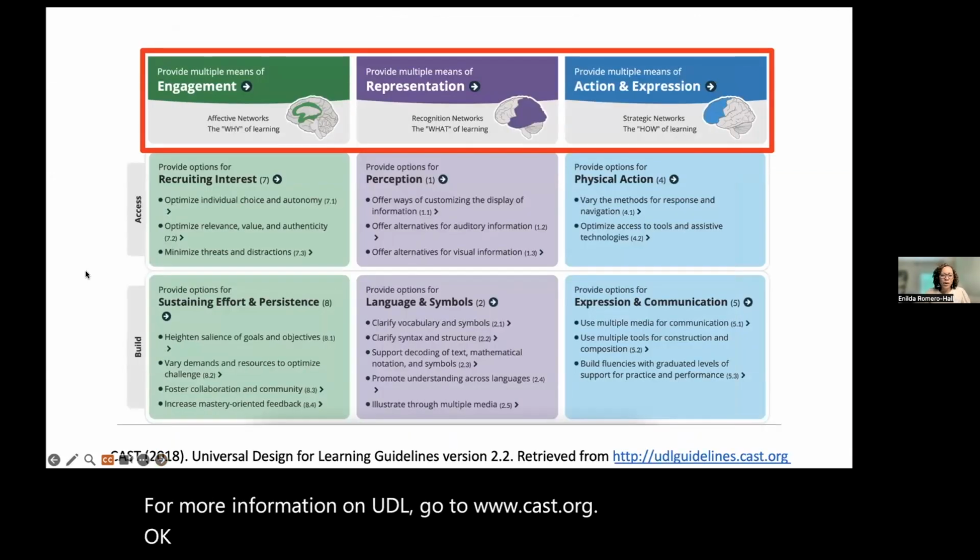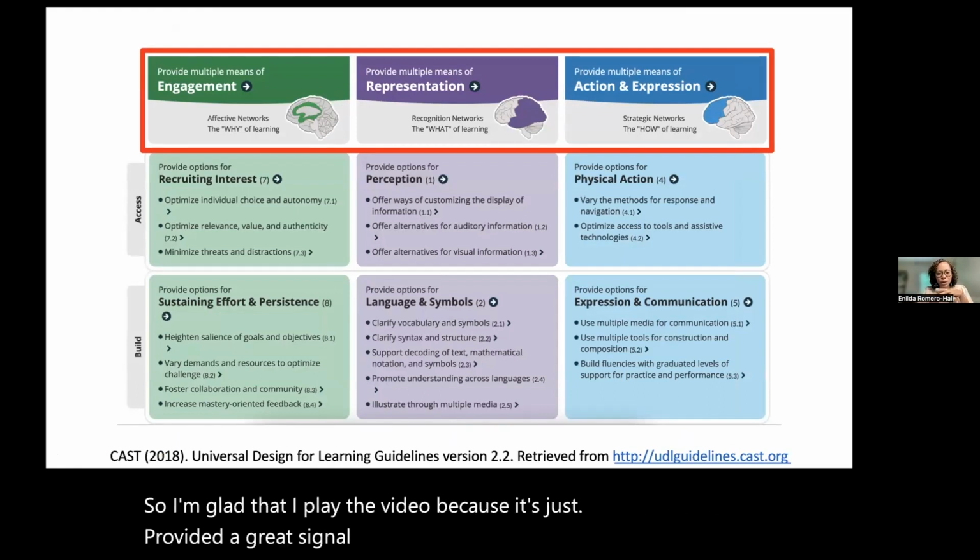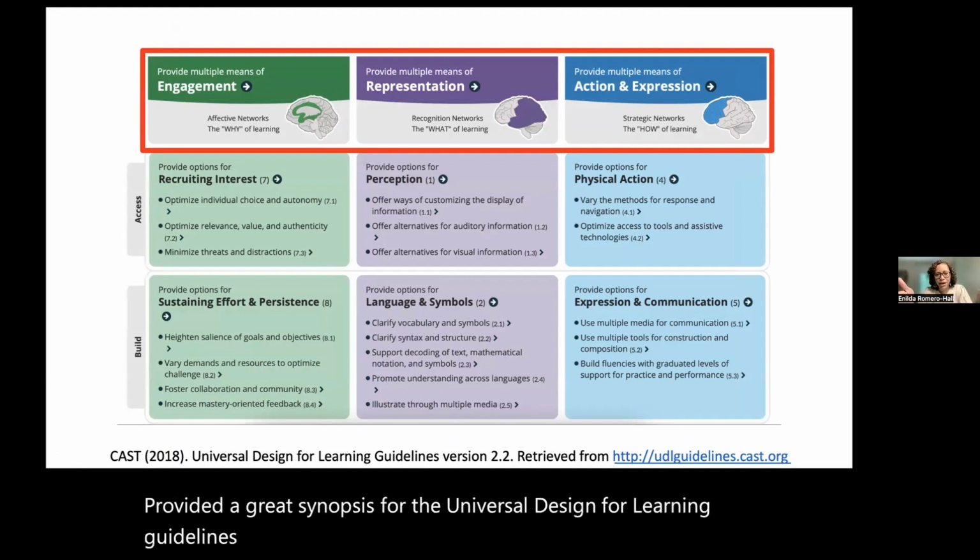Okay, so I'm glad that I played the video because it just provided a great synopsis for the Universal Design for Learning guidelines. And I've included a link here so that you can explore it in more detail.